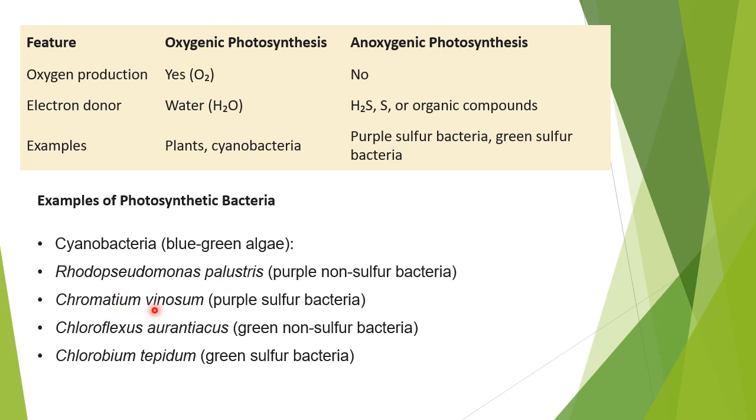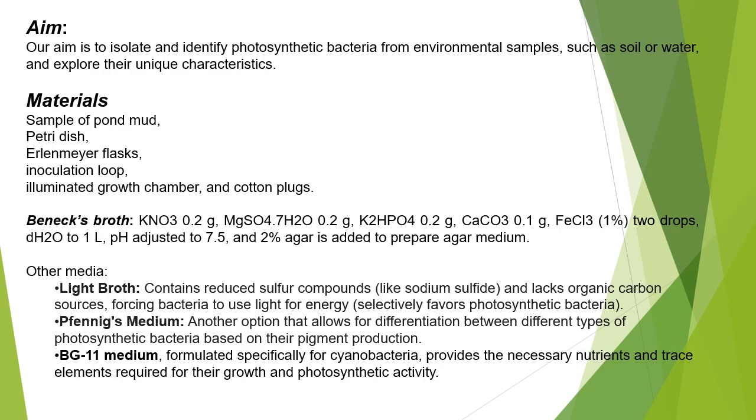Then Chromatium vinosum is another purple sulfur bacteria. Then Chloroflexus aurantiacus is green non-sulfur bacteria, and Chlorobium tepidum is green sulfur bacteria. So each type I have covered here. Try to remember at least 2 to 3 examples for your viva.